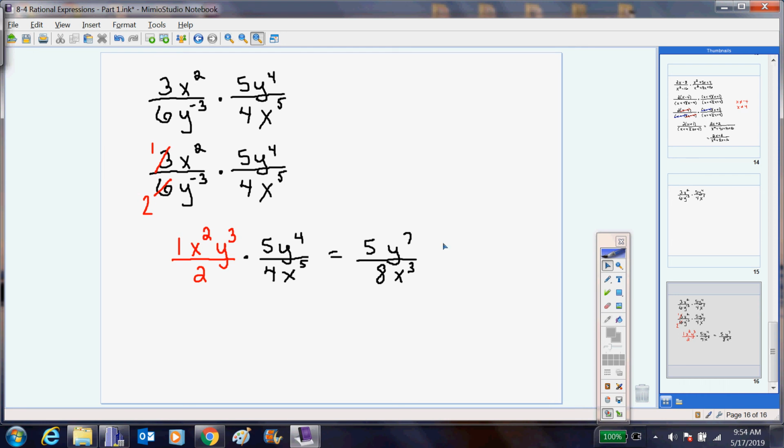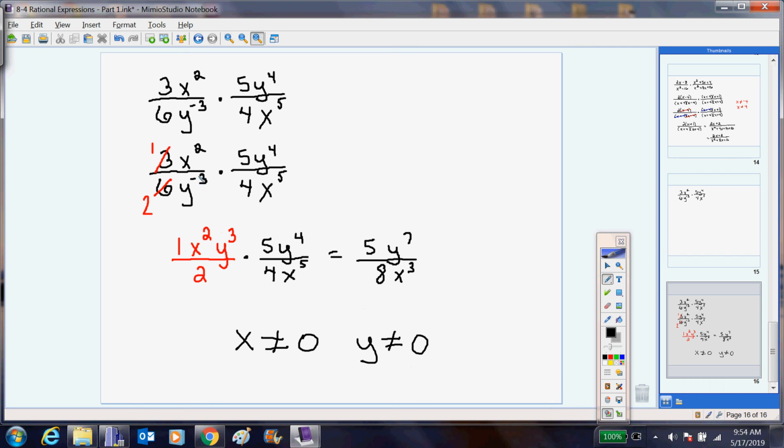But I should have. Our restrictions should be what can't be 0. x can't be 0. And here's an interesting one. What about y? y can be 2. y also can't be 0.